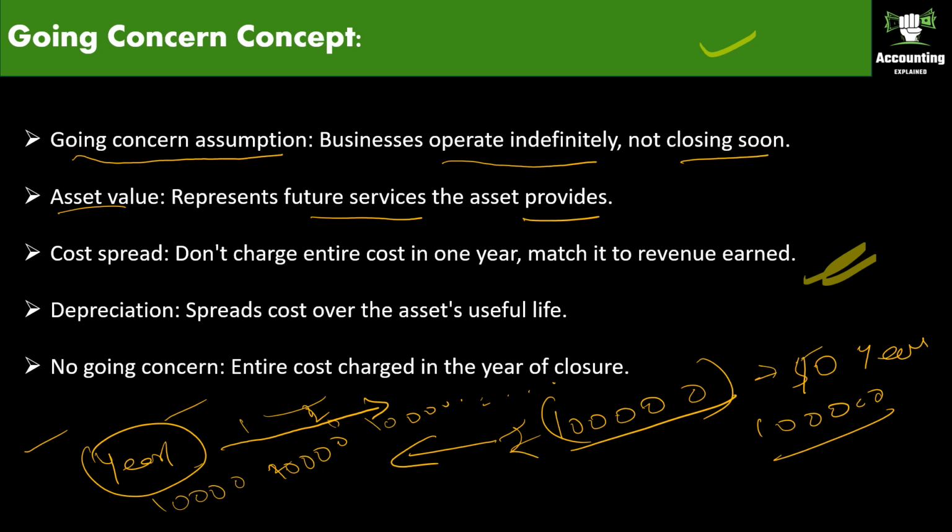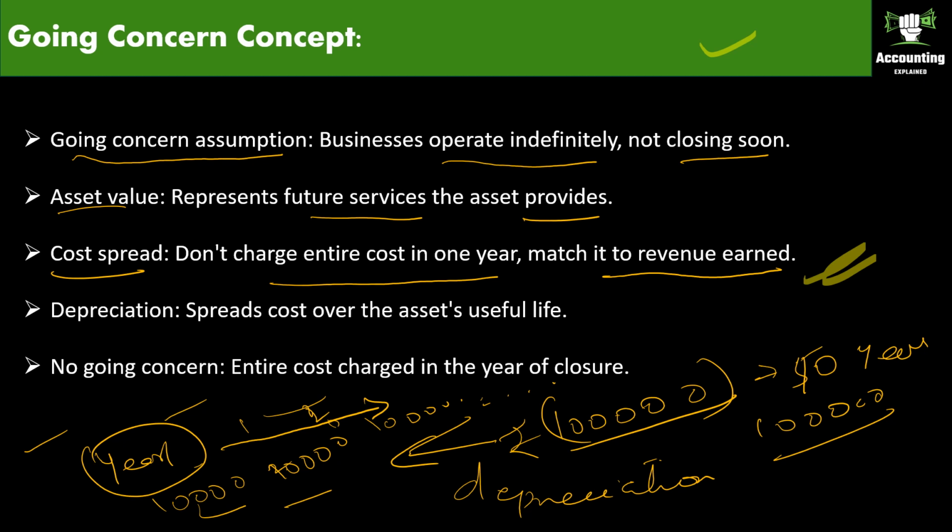This spreading evenly, 10,000, 10,000, 10,000, is called depreciation. So now you understand the concept. Now let's go on: cost spread. Does not charge the entire cost in 1 year, but matches it to revenue earned. So we are not taking this 1 lakh to year 1, but we are spreading it according to the revenue earned, so for 10 years we are spreading.